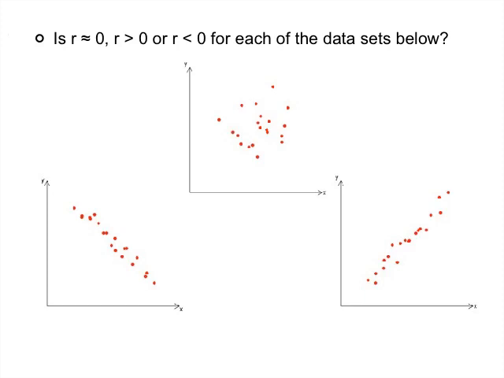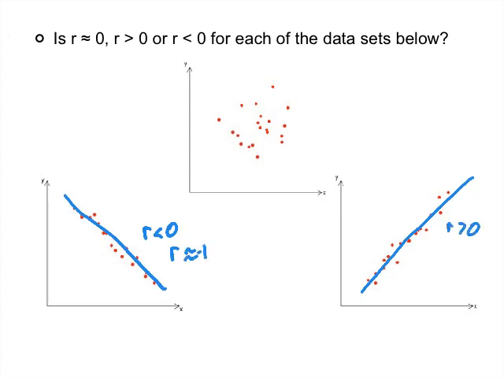Okay. So here we have some nice examples. Here the relationship is very clearly positive, and you'd expect it to be strong. Here it's very clearly negative, and you'd expect it to be strong. So you'd have R less than 0 here, and you'd probably have R close to -1.